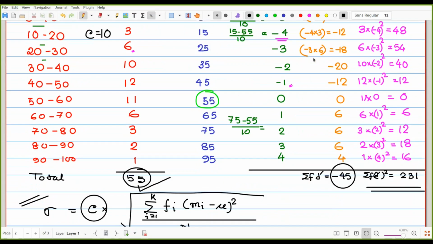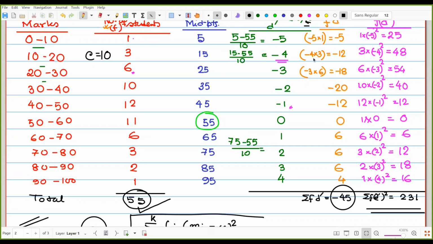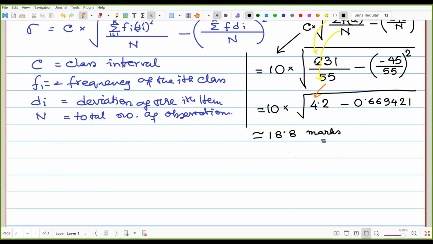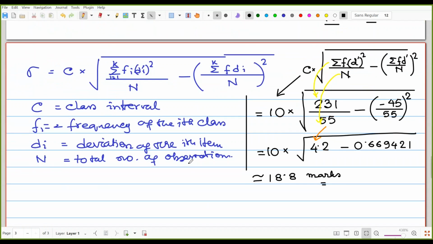Just sum all the f d' and all the f d' square, and we are ready to find out the standard deviation. That is how we can use the standard deviation in group data.